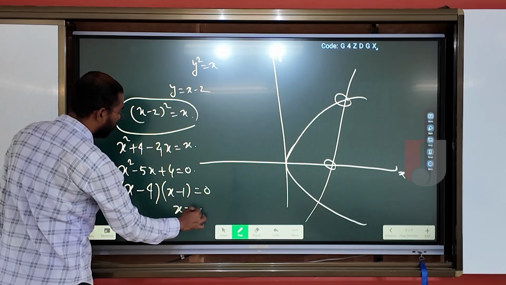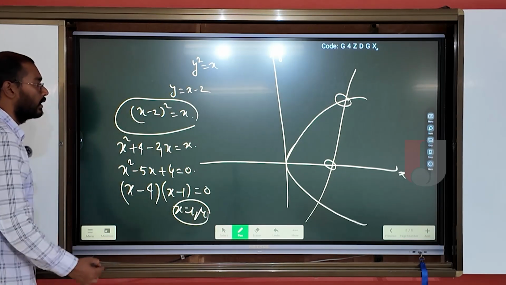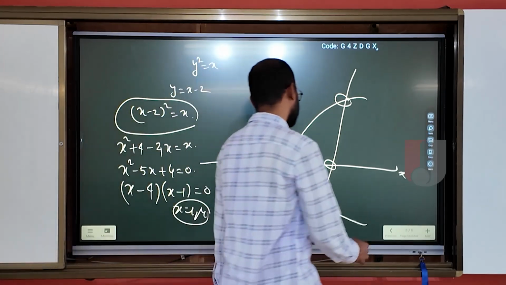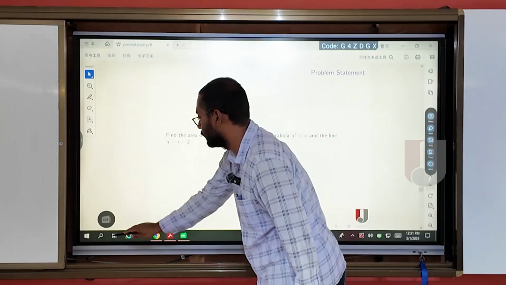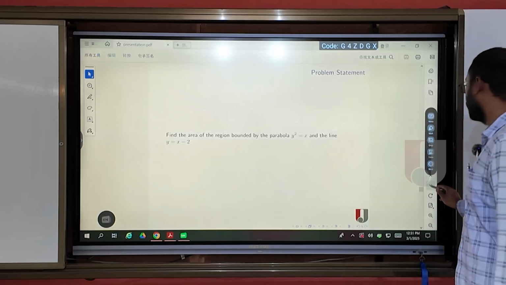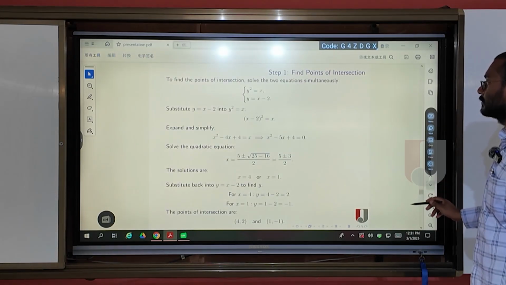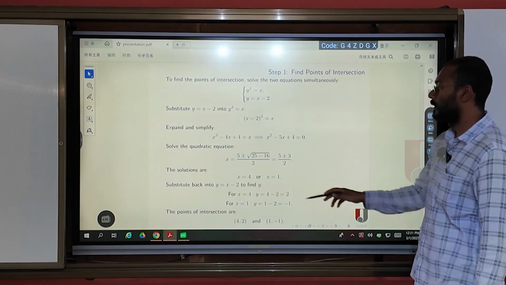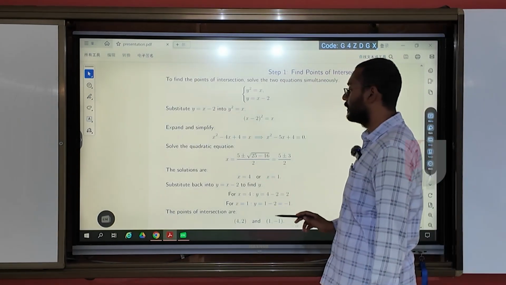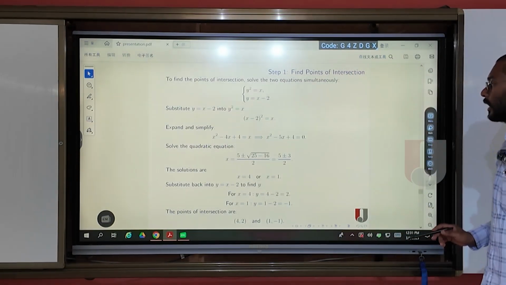So x equal to 1 comma 4. At these 2 points it intersects. Okay. Now see the curve where it intersects, at x equal to 4 and x equal to 1, at these 2 points these two curves meet.